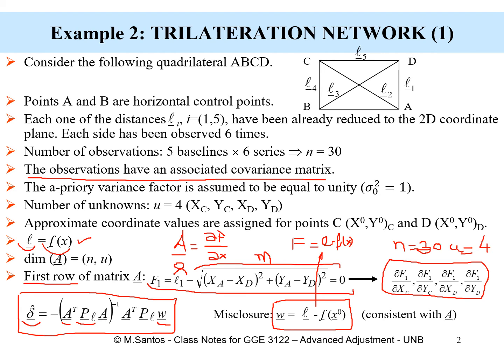That's very important. We cannot write the mathematical model as L minus F(x), and then use the misclosure vector F(x) minus L. It's going to collapse. It's wrong. We have to be consistent.